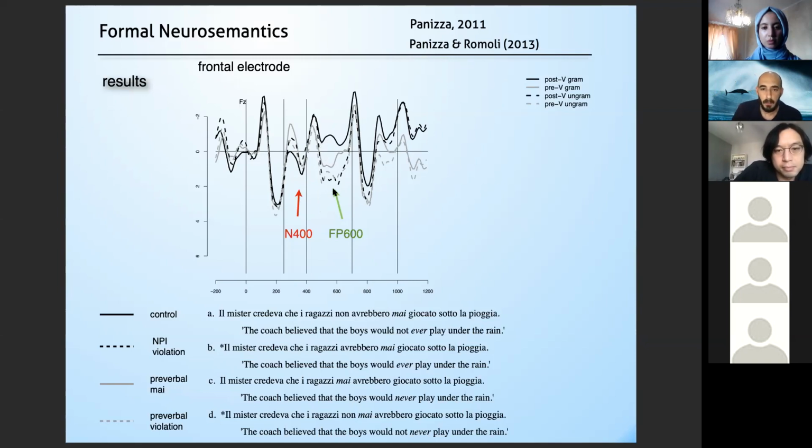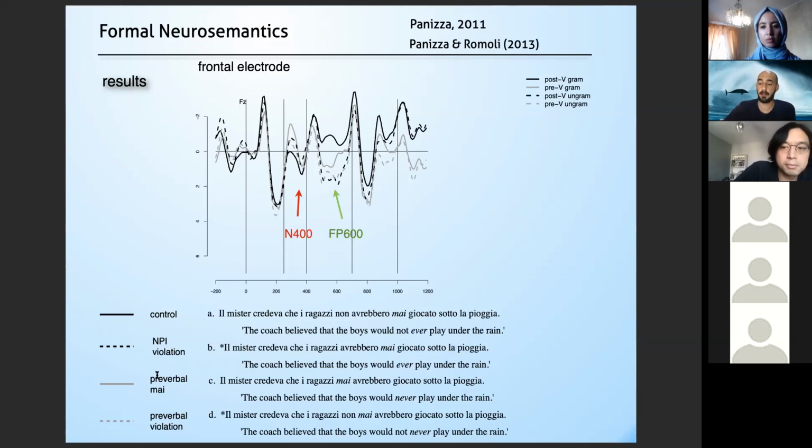The two violations are more positive than the preverbal mai, but they're actually kind of the same in the analysis. So all these three conditions are more positive than the control condition. So, frontal P600 for all the violations and the preverbal mai, and N400 maximum for the preverbal mai and then for the violations.